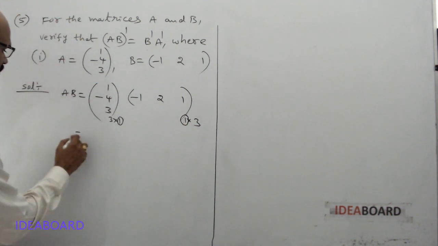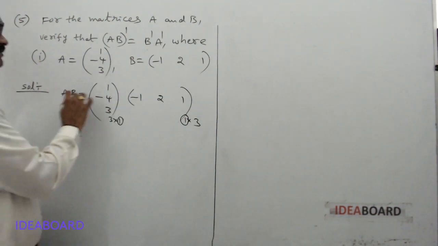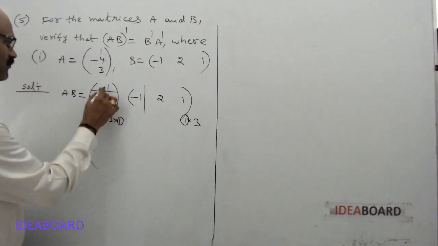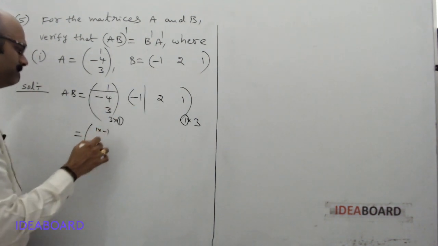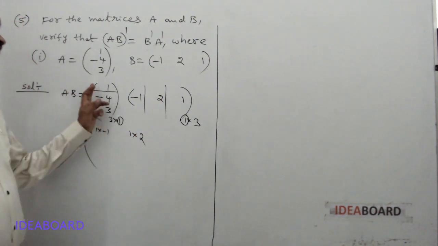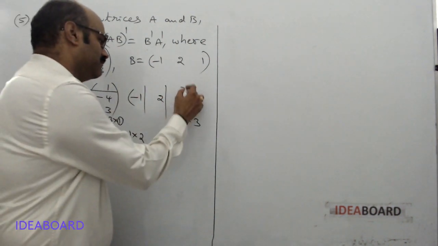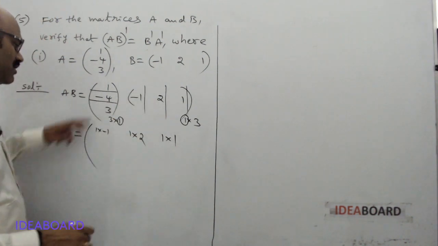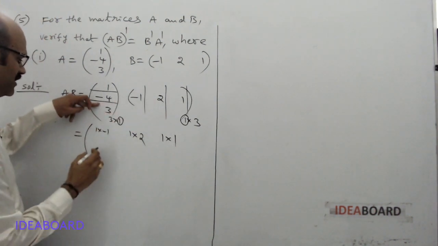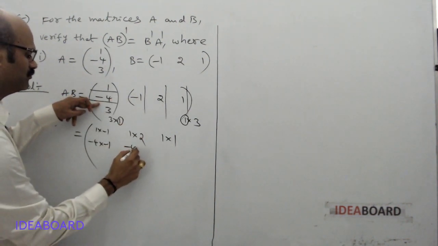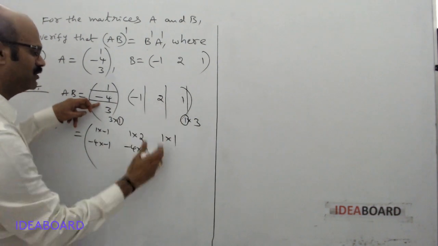So here, first row into first column, 1 into minus 1. First row into second column, 1 into 2. First row into third column, 1 into 1. Second row into first column, minus 4 into minus 1, minus 4 into 2, minus 4 into 1.